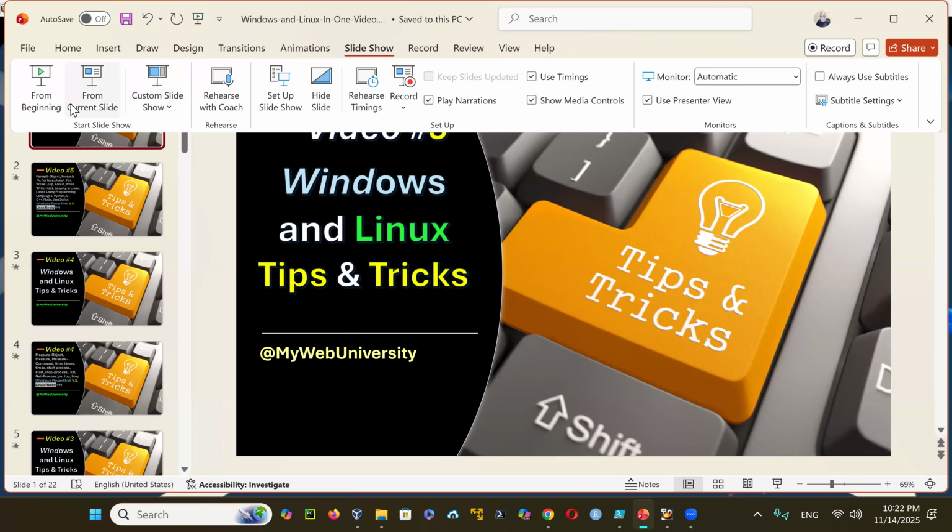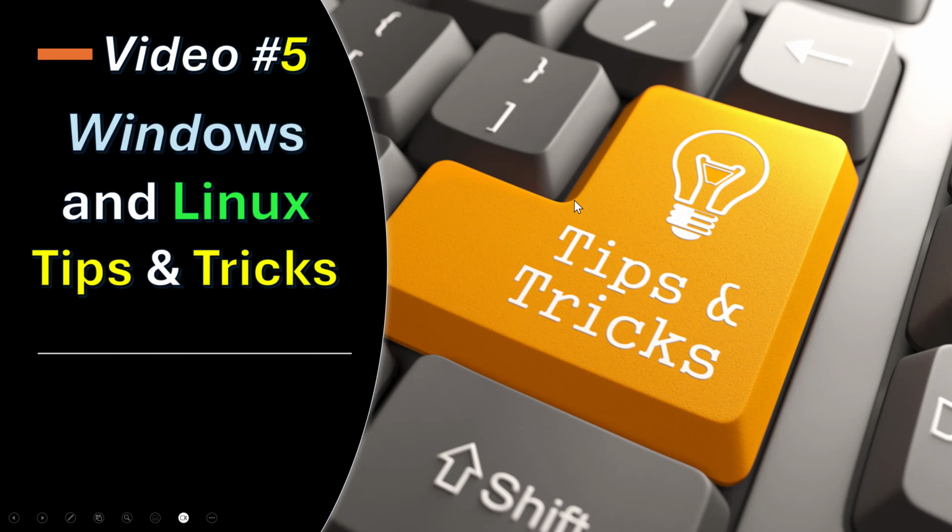I'm going to go through a slideshow here, and this is video number 5 in the series of video number 1 through 4 that was already posted. I just showed you. And video number 5 is about Windows and Linux tips and tricks.